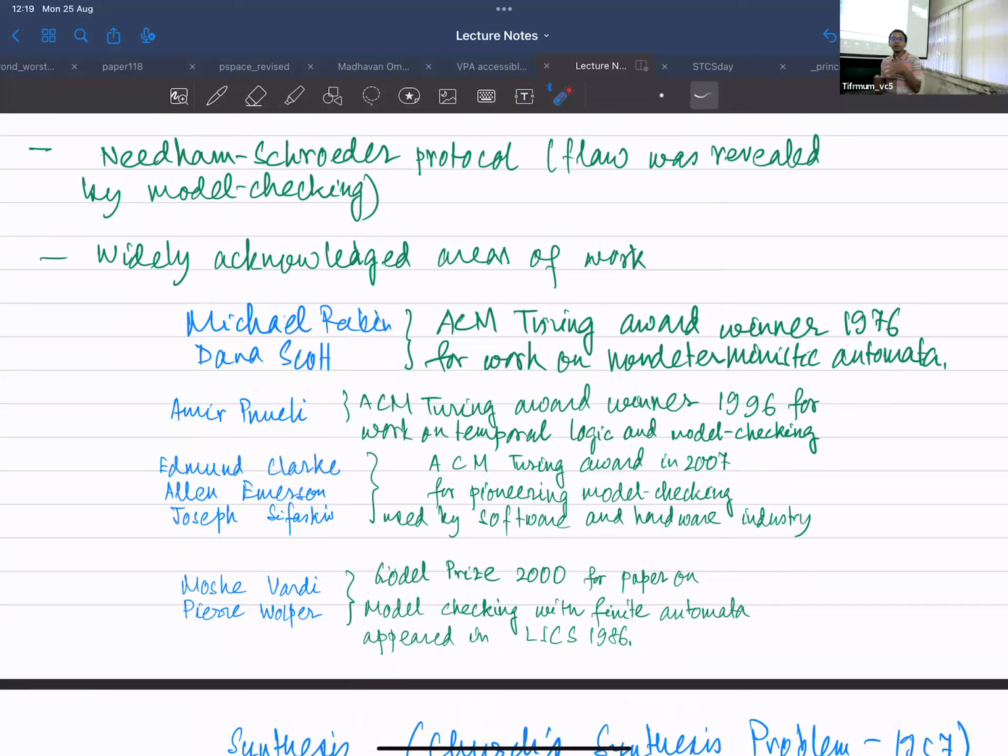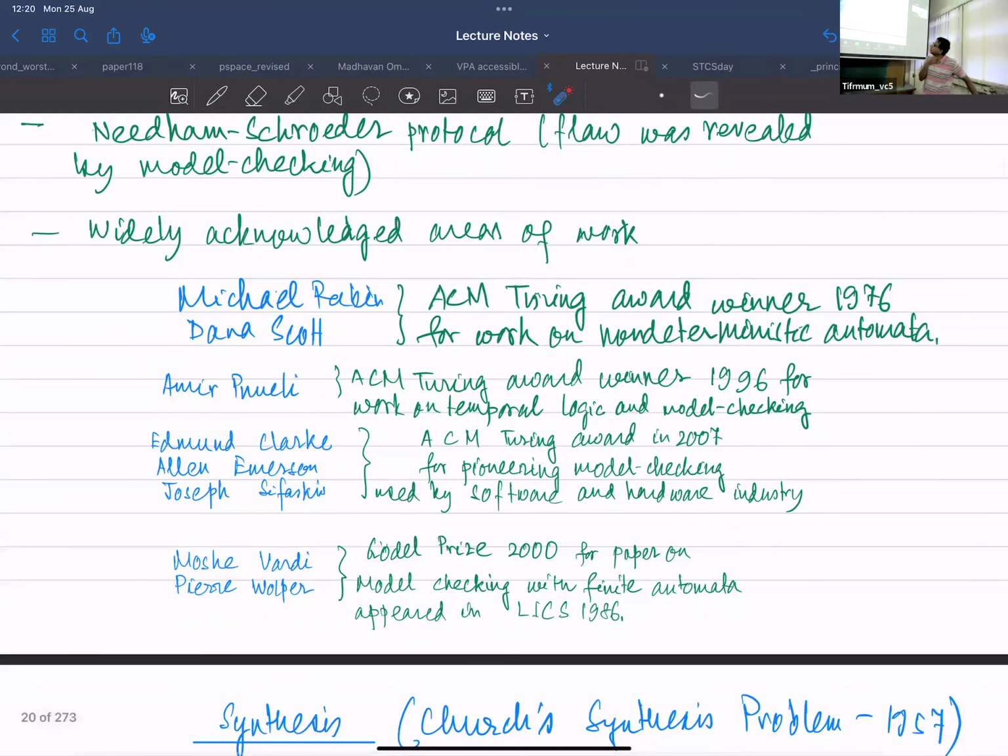Somebody who works on cryptographic protocols may not be an expert in reactive synthesis, or someone working on theorem proving may not know well the complexity of the logics. Someone working on probabilistic verification may not necessarily be an expert on timed verification. So these are different kinds of sub areas under verification and synthesis, so to say.